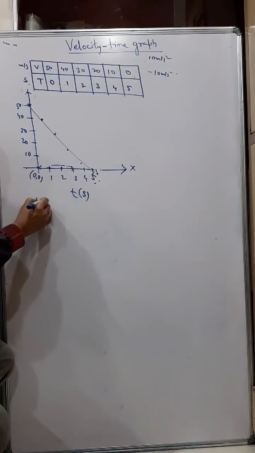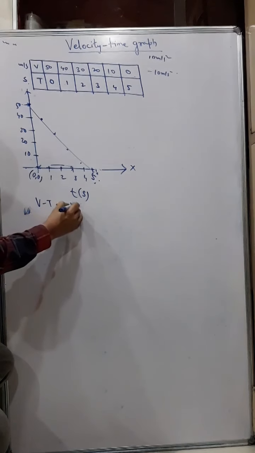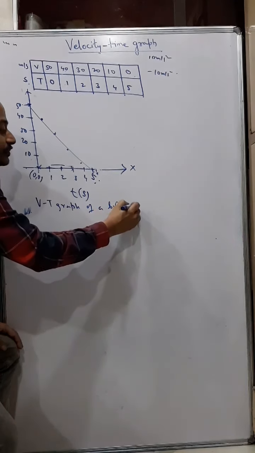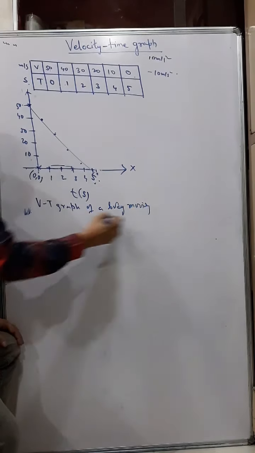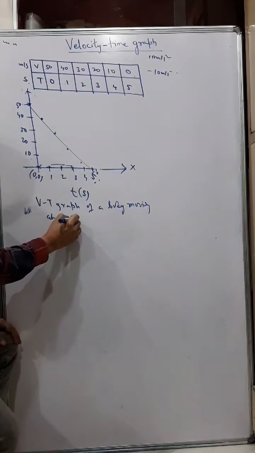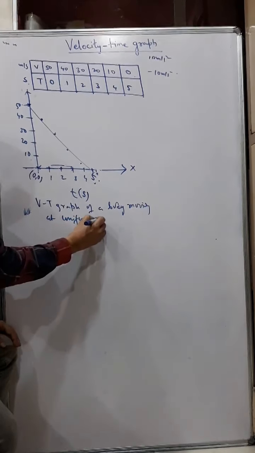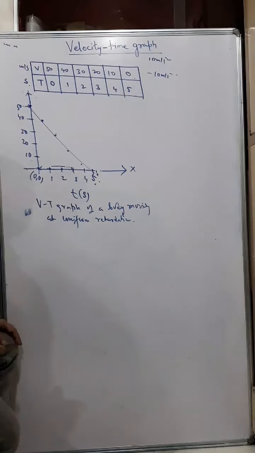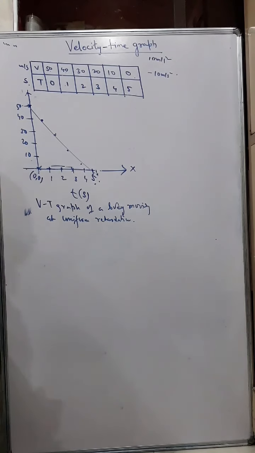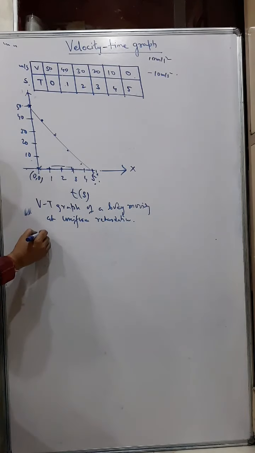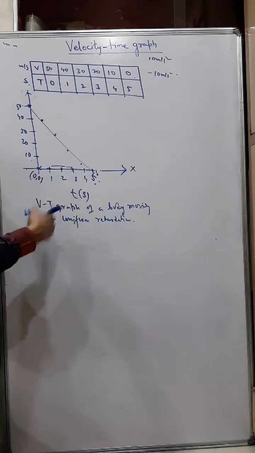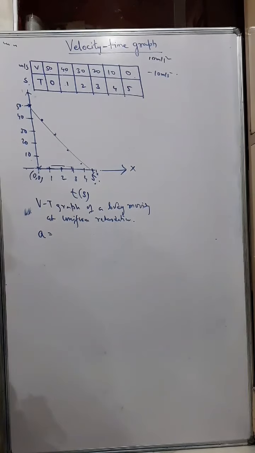This is a VT graph of a body moving at uniform retardation. If they ask you to calculate the retardation, we will just calculate acceleration first. Our acceleration will come negative, and then from there we can convert it into retardation, right?